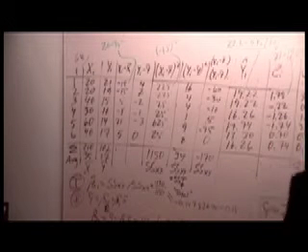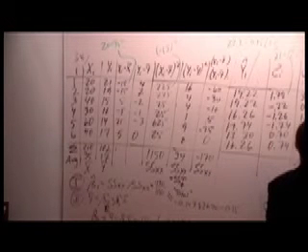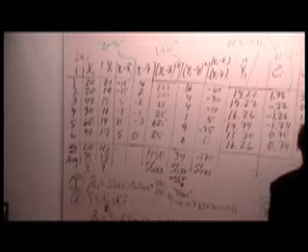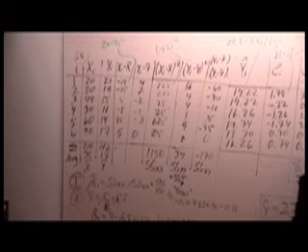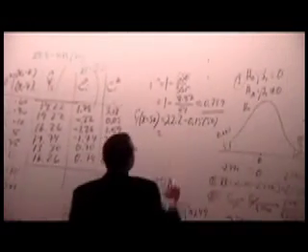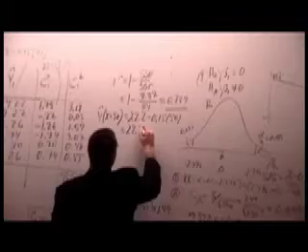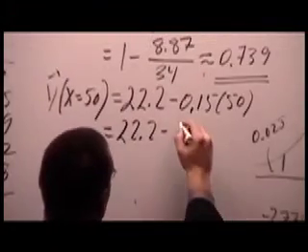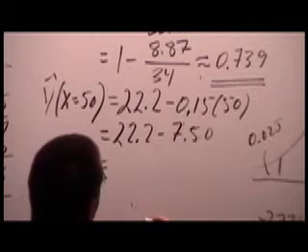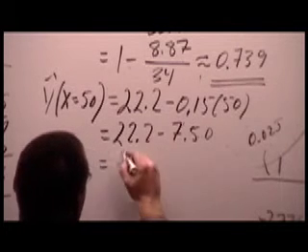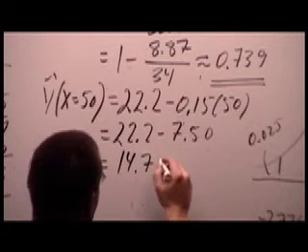And if we did, we would find that y hat, when x is equal to 50, is equal to 22.2 minus 0.15 times 50, which is 22.2 minus 7.5, which is what? 14.70?